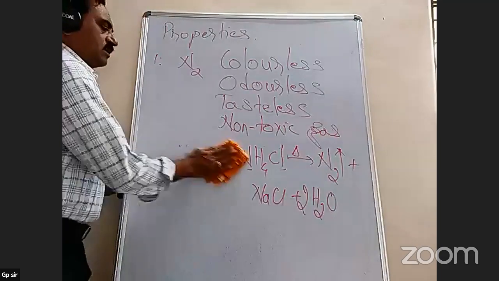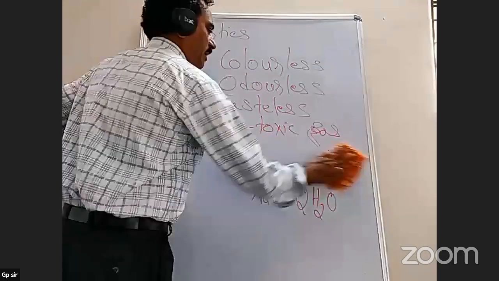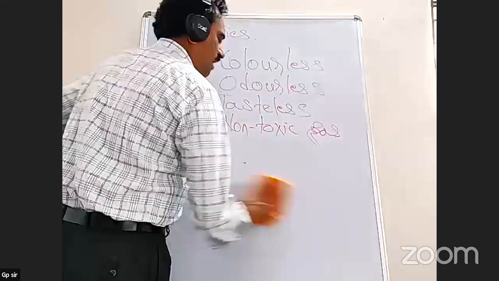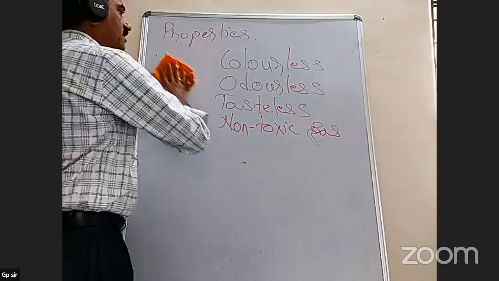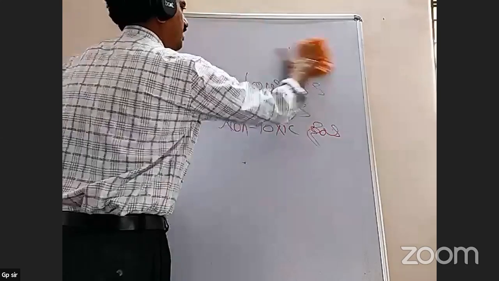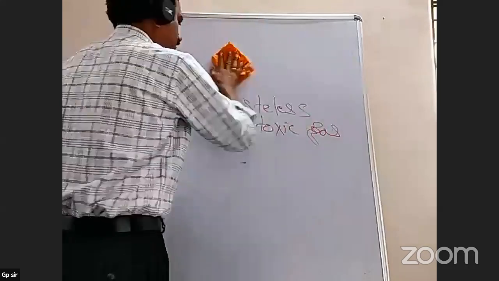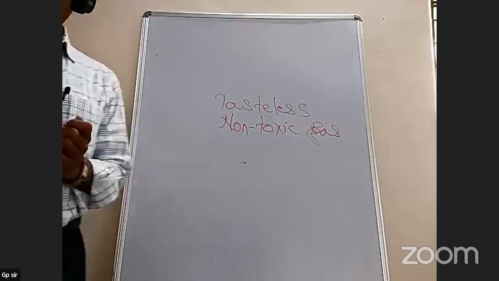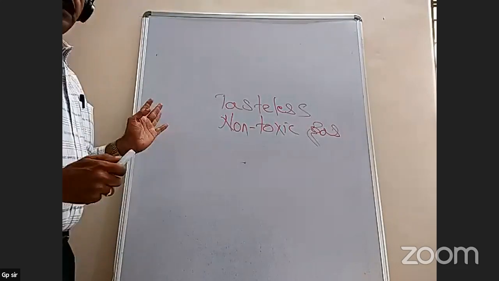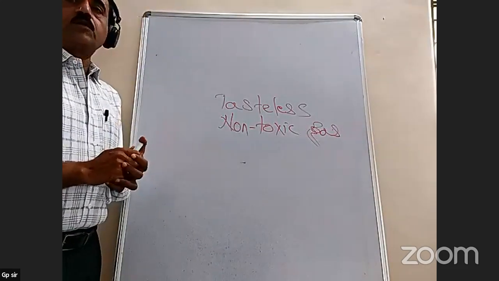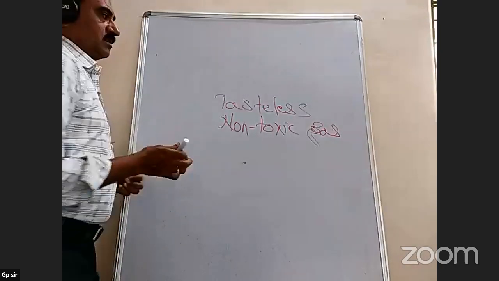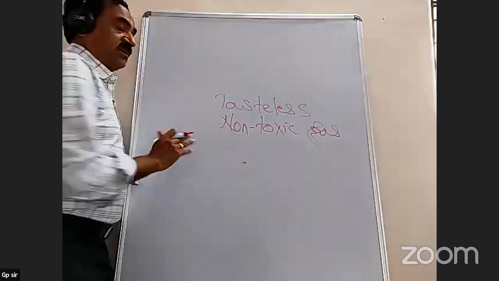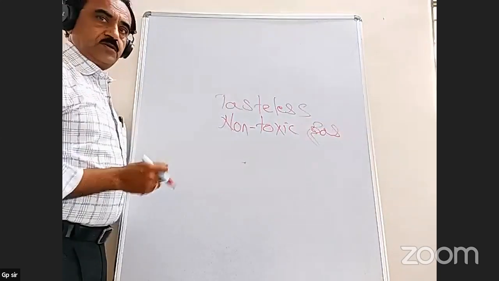That is why it is used in packaging the food articles. Because it is less reactive, it can prevent the oxidation and hydrolysis of the food articles. It is least soluble in water. As you learned in the topic solutions, depending upon the Henry's constant value, you decide the solubility.